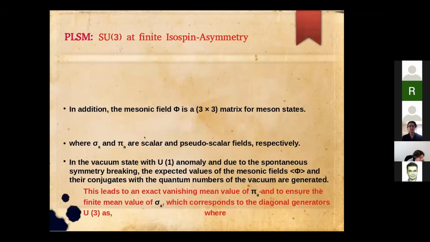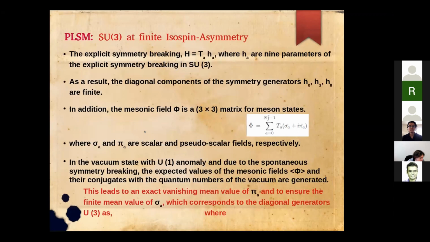When I come to the isospin asymmetry, I assume there is explicit symmetry breaking using the generator H equals H_A T_A, where H_A is a nine-parameter set of the explicit symmetry breaking in SU(3). As a result, the diagonal components of the symmetry-breaking generator, H0, H3 and H8, are finite in our case.